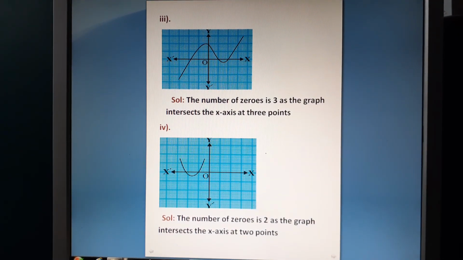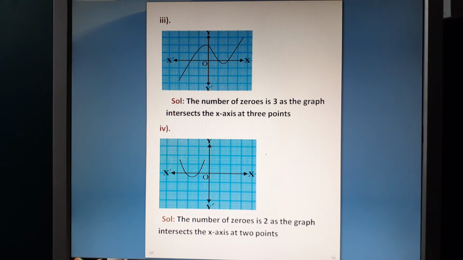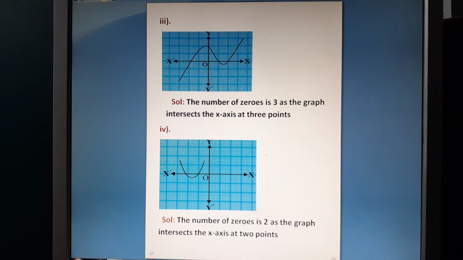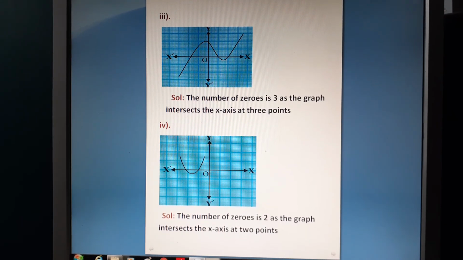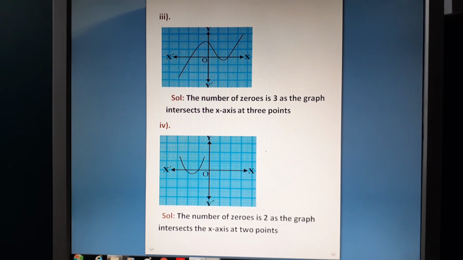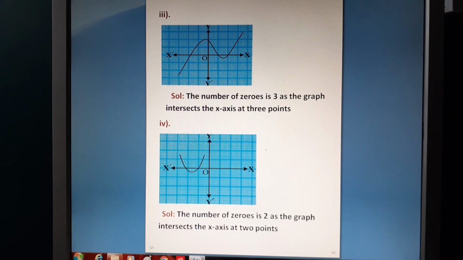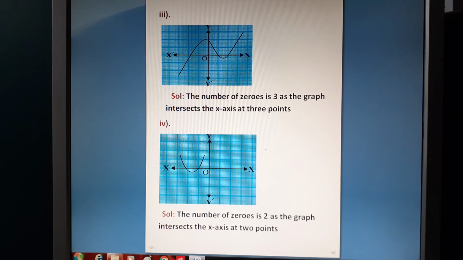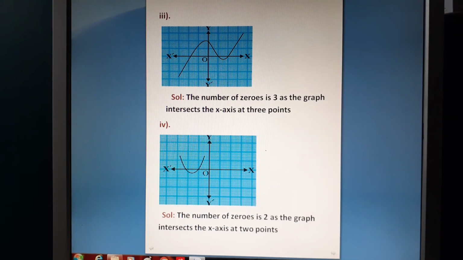Third diagram, see the graph. Here the graph intersects the x-axis at 3 points. So the number of zeros is 3 as the graph intersects the x-axis at 3 points. Fourth question, see the diagram. Here the graph intersects the x-axis at 2 points.